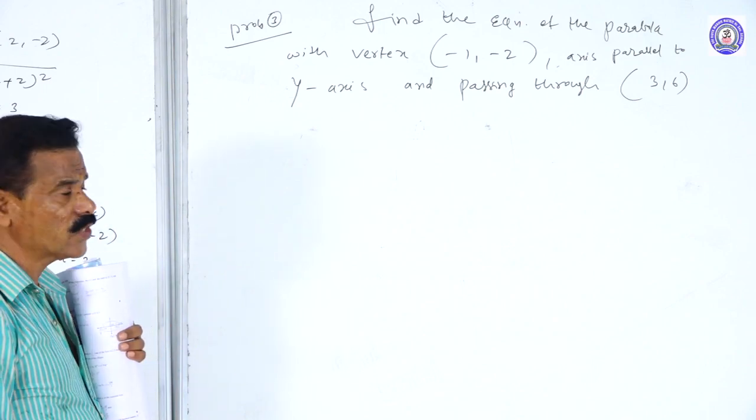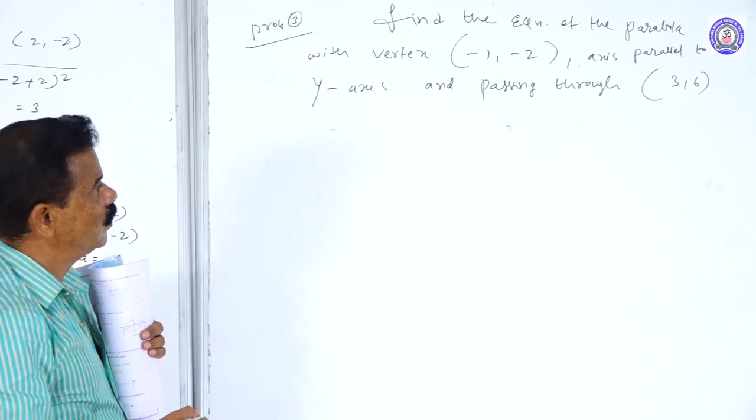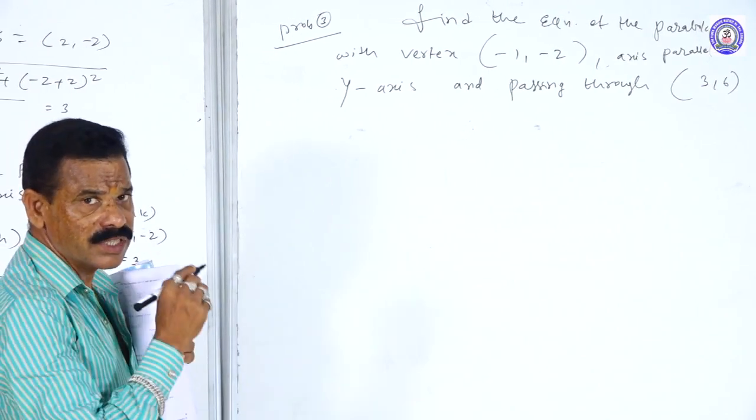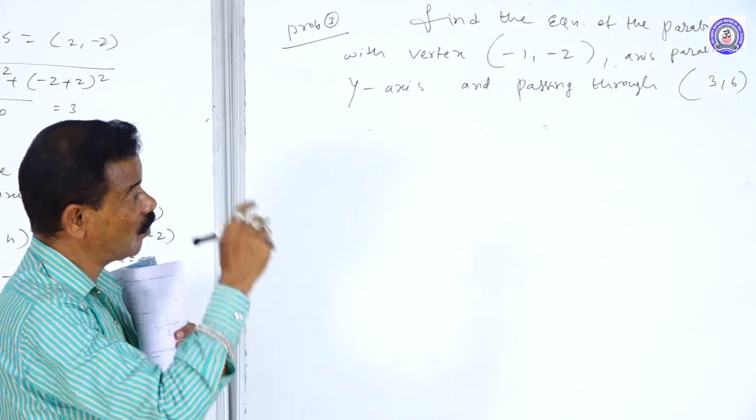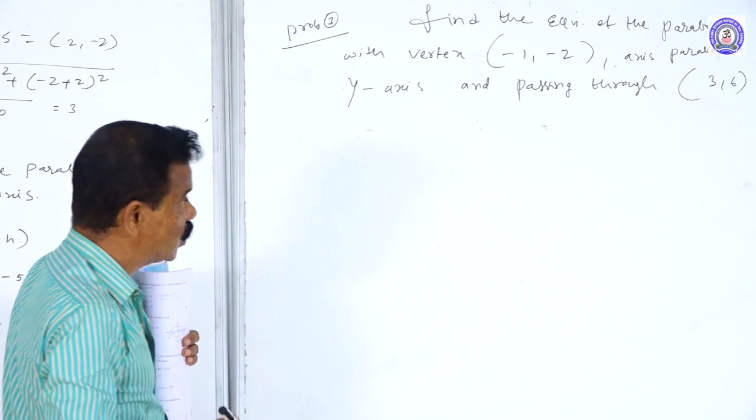According to the coordinates, we draw the graph. (-1, -2) lies in the third quadrant, and (3, 6) lies in the first quadrant.